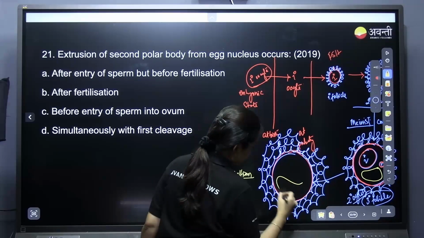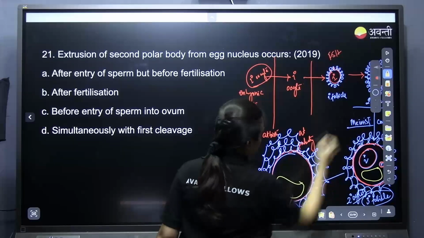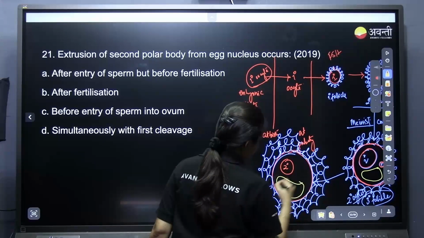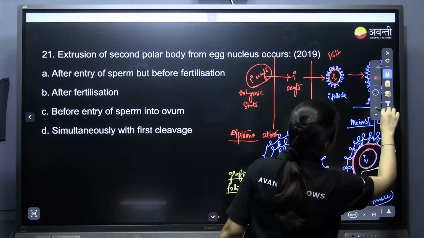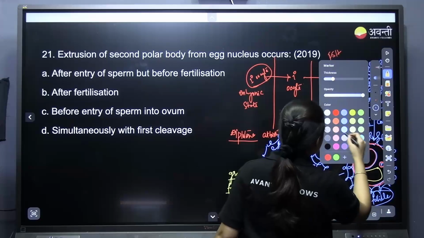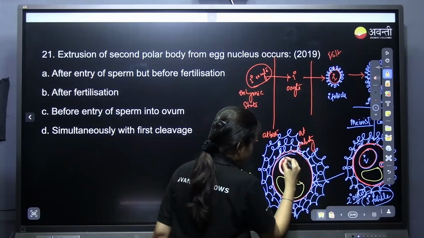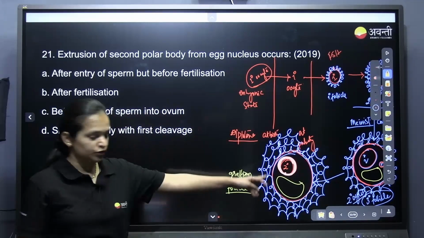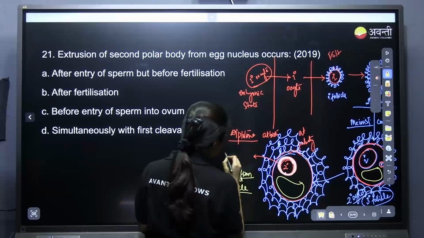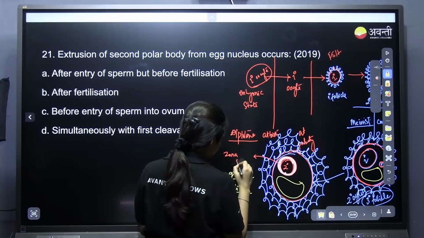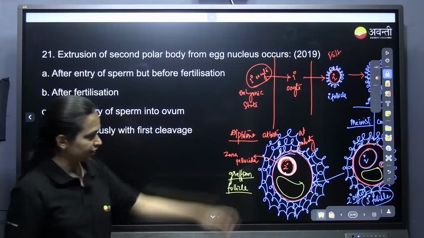In this you can see the fluid filled cavity, and also the secondary oocyte here. With that you can see the layer of zona pellucida forming. Understanding? This layer is called zona pellucida.